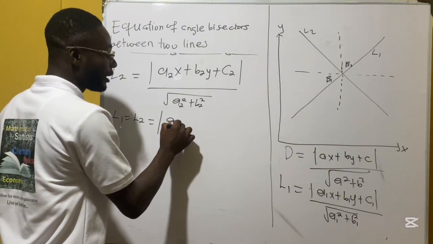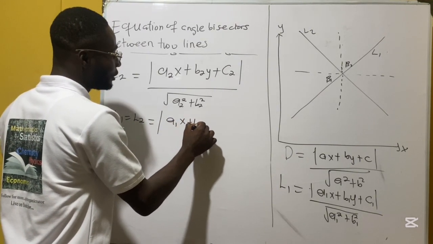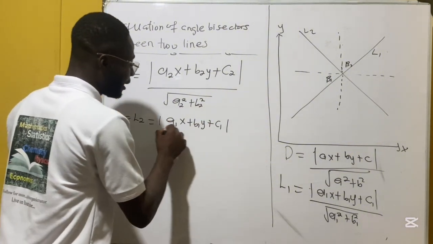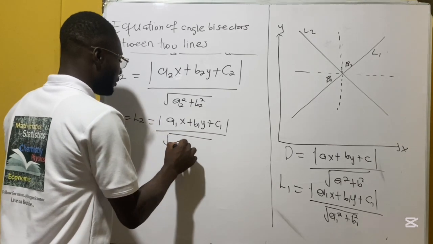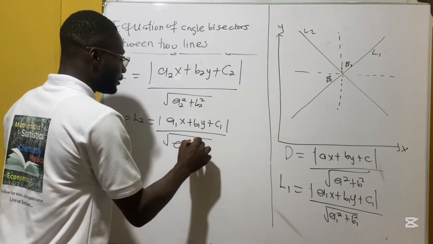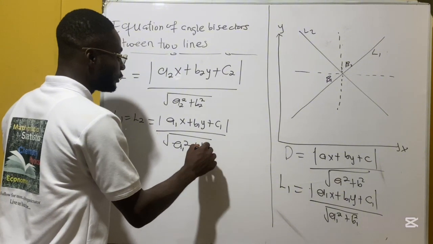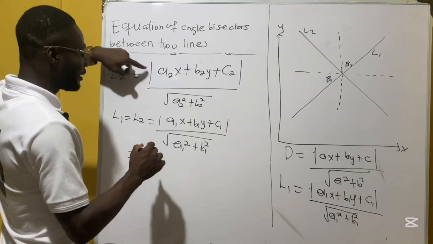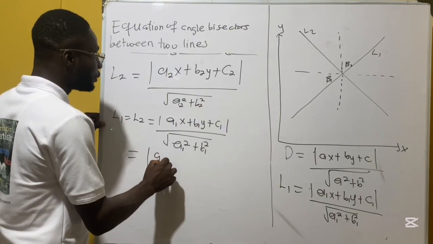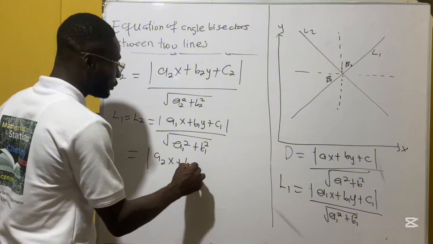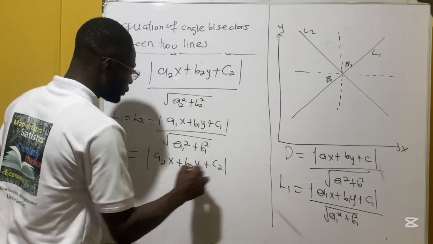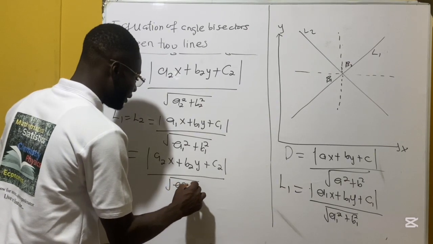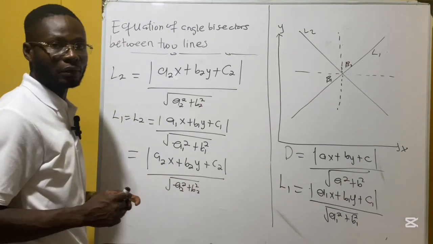Okay, let's try to bring this first, right? So the absolute value of A1x plus B1y plus C1, all over the square root of A1 squared plus B1 squared, and that should be equal to the absolute value of A2x plus B2y plus C2, all over the square root of A2 squared plus B2 squared, right?